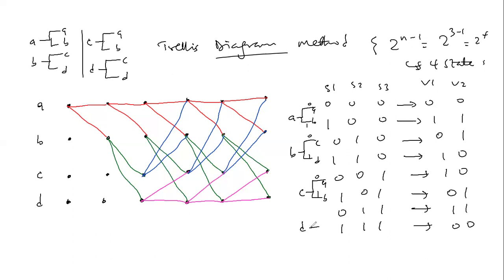And then from state D, this is CD, this emits a 0 or 1. So now going by this, we can now populate this Trellis diagram with the encoder output so as to use this to decode.